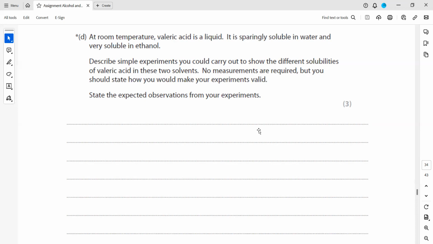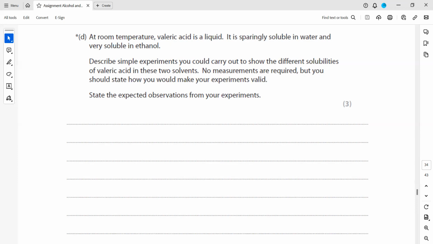So how can we identify the solubility? First we'll take equal volumes of the two solvents, and we'll add the same volume of valeric acid, and we shake them. If it is sparingly, partially soluble in water, it will create two layers. But if it is readily soluble in ethanol, there will be a single layer.